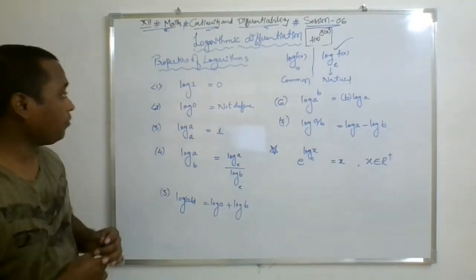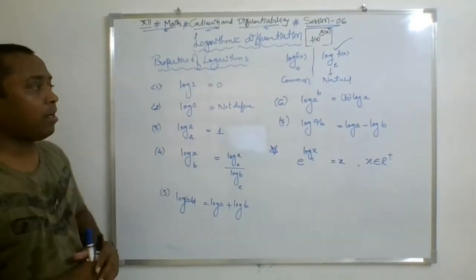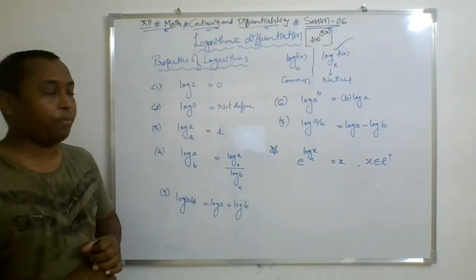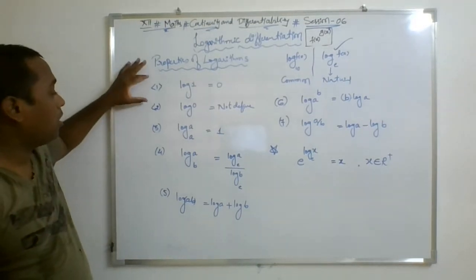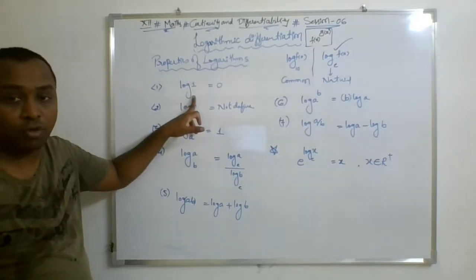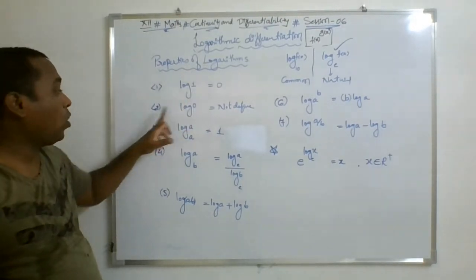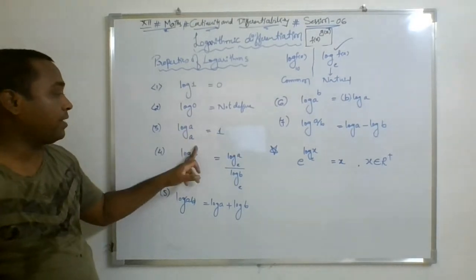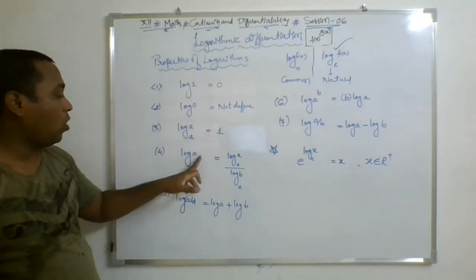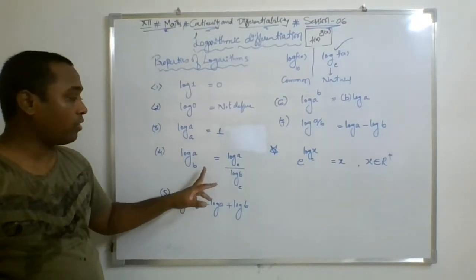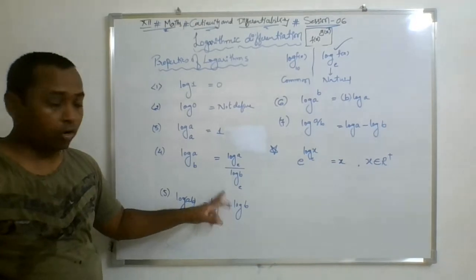So these are the fundamental properties you need to remember before we get into the topic. The first one: log 1 value is 0. That is by definition only. And log 0 is not defined at all. And log a base a value is 1. Log a base b, where these two are positive real numbers, you can write it as log a upon log b.